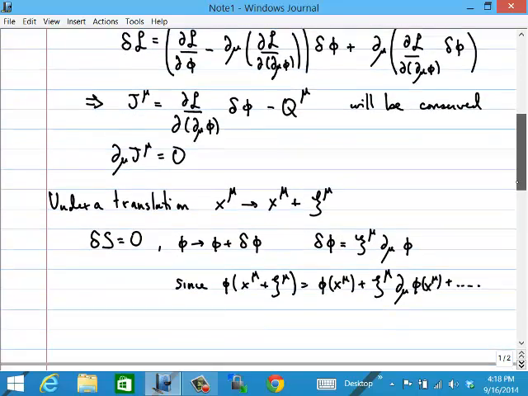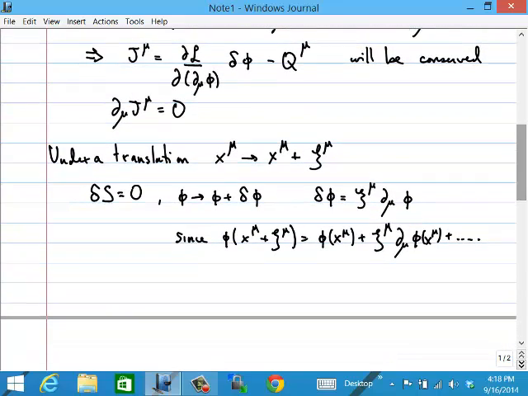And the Lagrangian of the theory is not going to be invariant. But because the Lagrangian density is a scalar, it will also transform in exactly the same way.